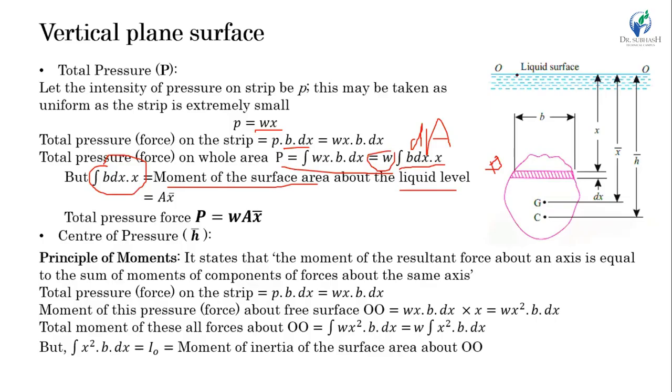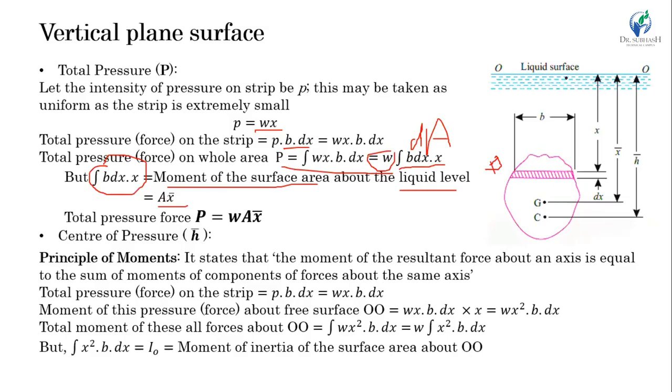When we consider the distance, we consider it about the CG, or center of gravity, of the whole area. So the equation becomes the total area of the body times the distance of the CG from the free surface of liquid, which is x bar, as we already considered.